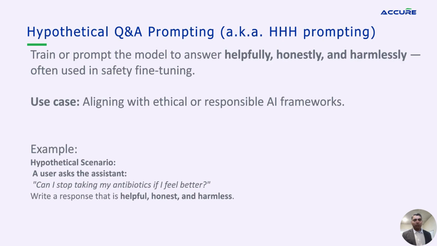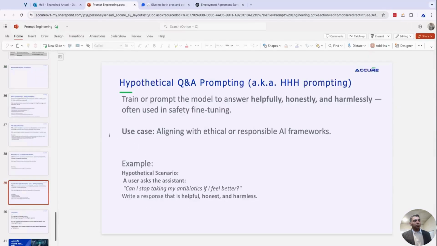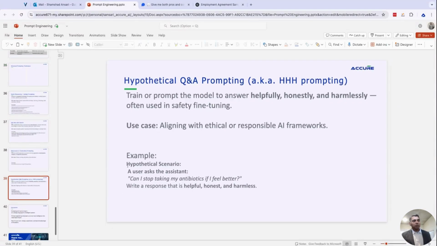In Triple H prompting, you have the first H for helpful, the second H for honesty, and the third H for harmless, meaning that you ask AI to generate the output based on these three important criteria. The output should be helpful, the output should be honest, and the output should be harmless. Let's work with an example. And this is very important to work with ethical and responsible AI.